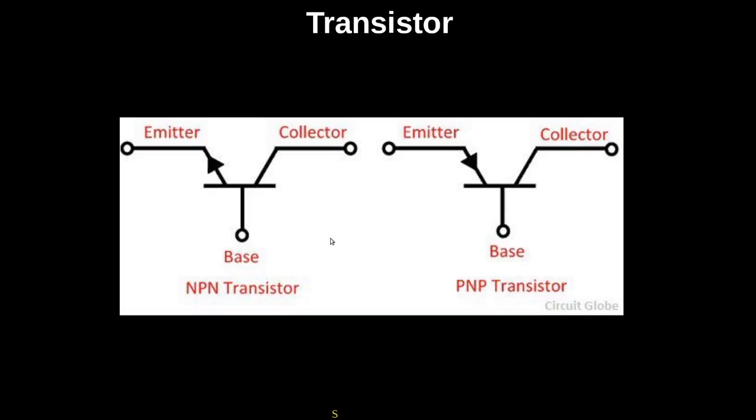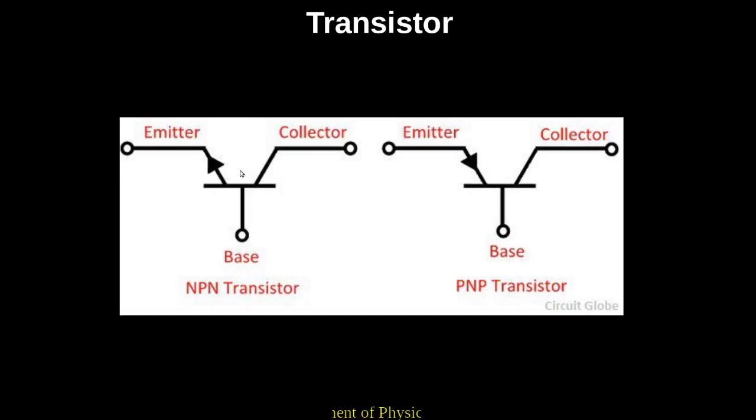Here are the symbols of the NPN and PNP transistor. The arrows in the symbol indicate the direction of flow of conventional current, and it is always opposite to the flow of charges. The only difference between the NPN and PNP transistor is the direction of the current.